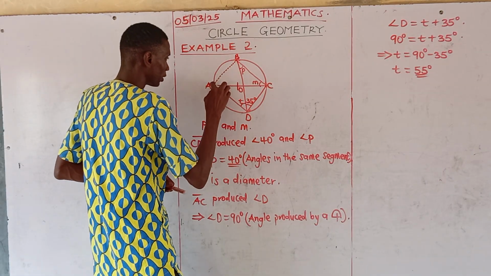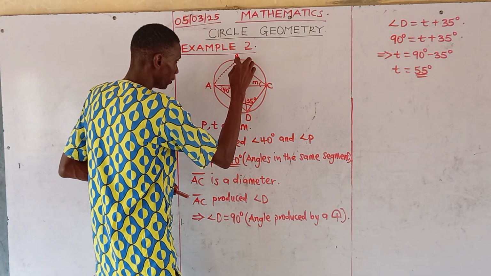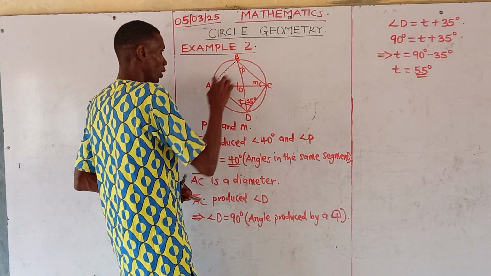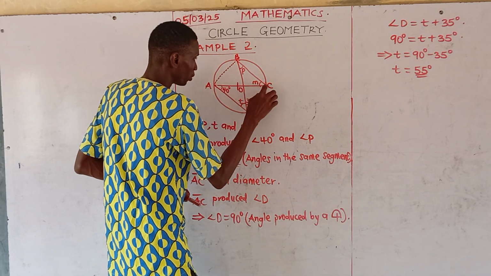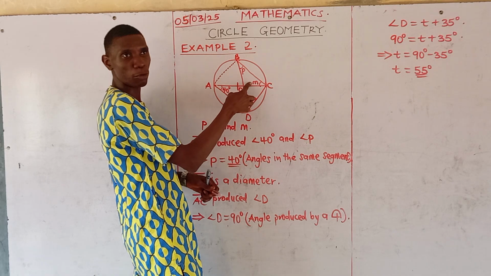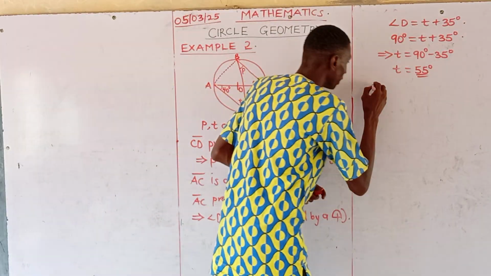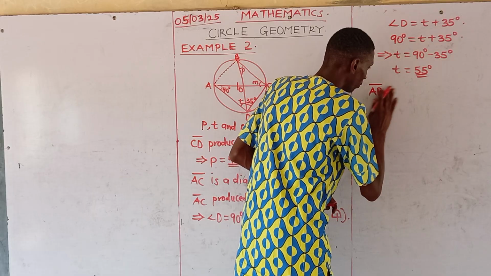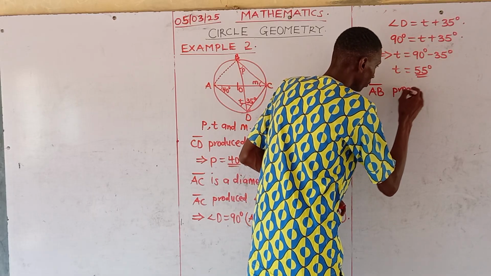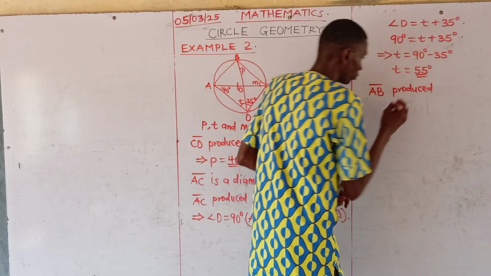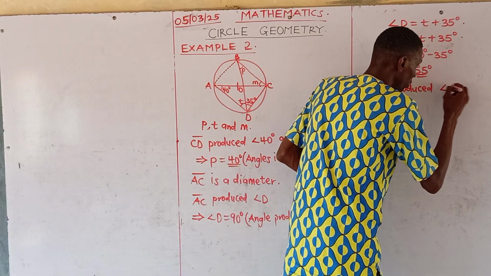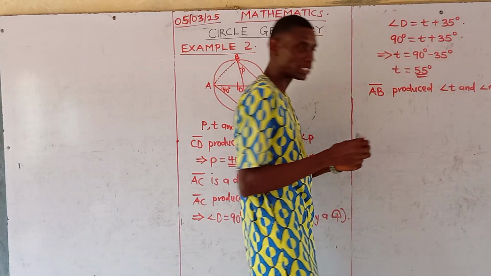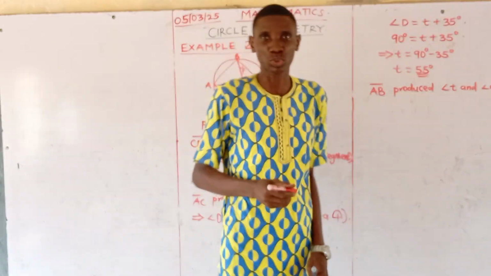Chord AB produces angle T and angle M. What is this referring to?